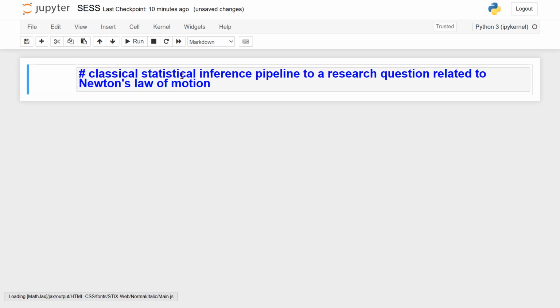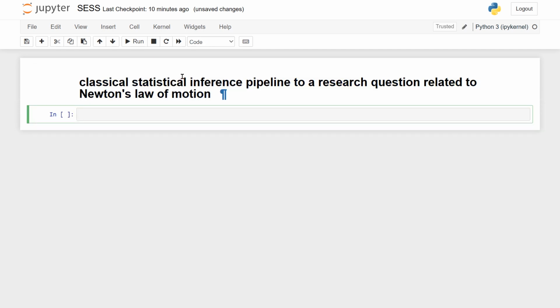There won't be much difference between scientific research and our data science. There will be a slight difference, but still you should be able to connect with it. So, research question first. Let's have a research question here. The research question is, does the force applied to an object affect its acceleration or not?